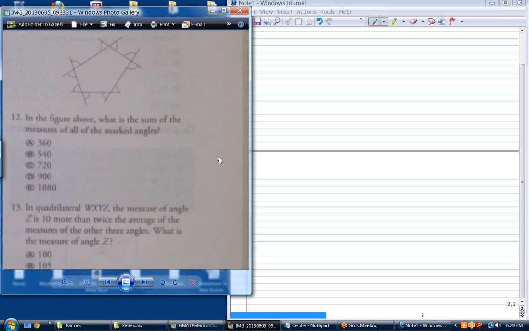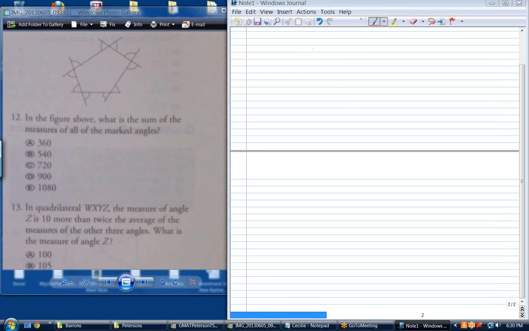Well, there's 5 angles. What are they, and what can we say about them? They would be equal to 540, right? But we have to find the exterior angles. Right. So let's examine just one of these corners. Let me draw one of those corners.